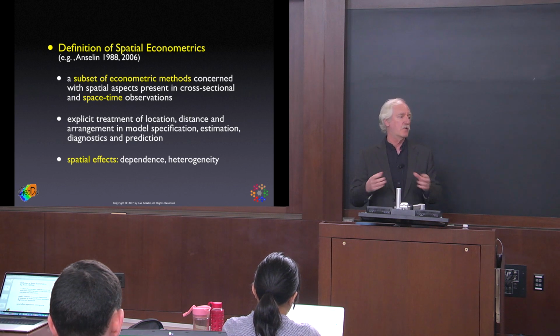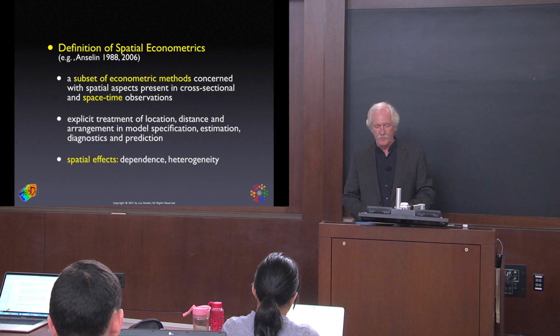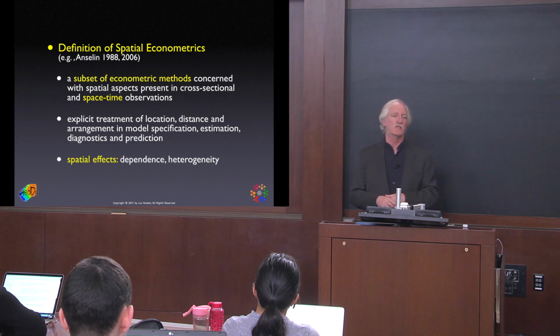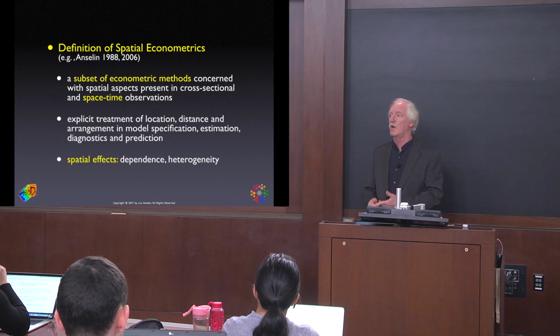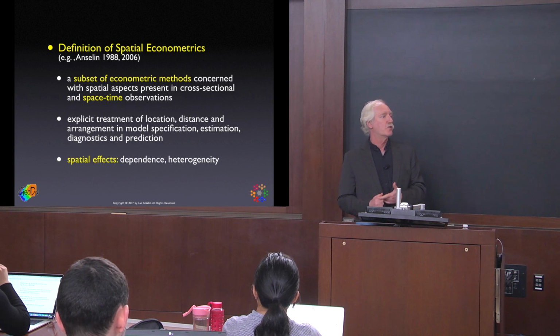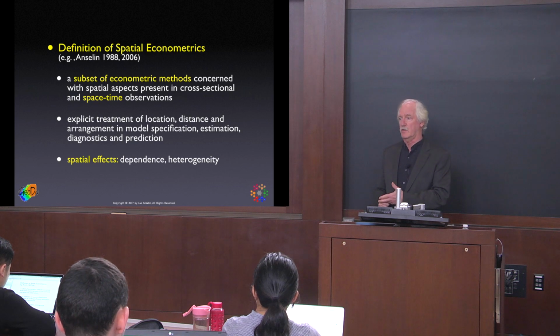Distance and arrangement you can think of as relative location, positioning, and you bring that into four major aspects of the modeling exercise. The specification of the model, estimation of the model, specification testing, testing whether your model reflects the data properly, and then prediction.